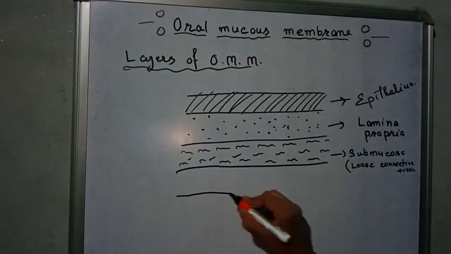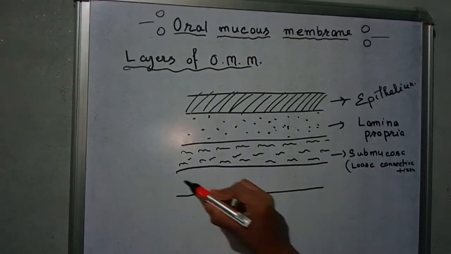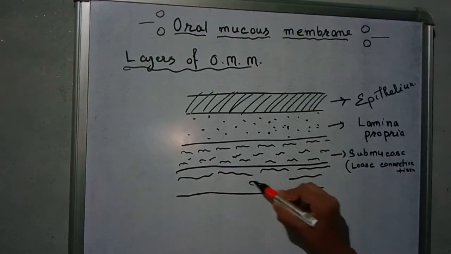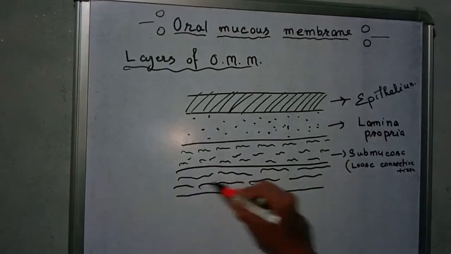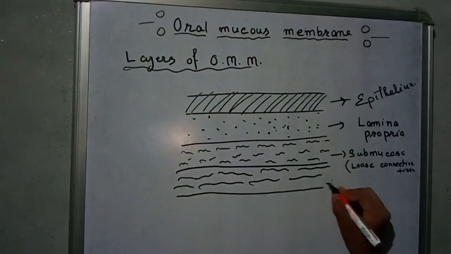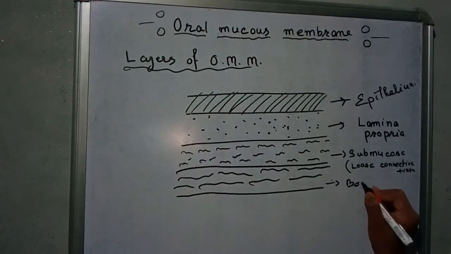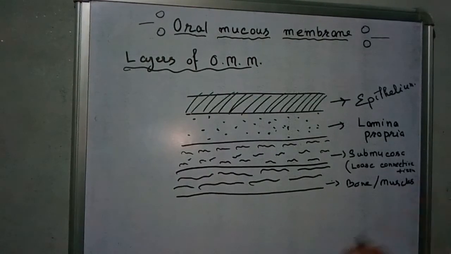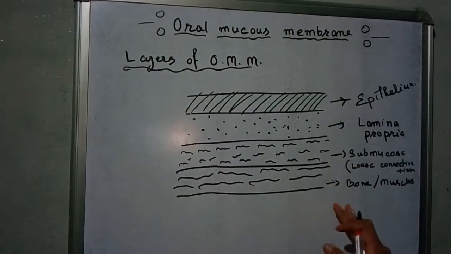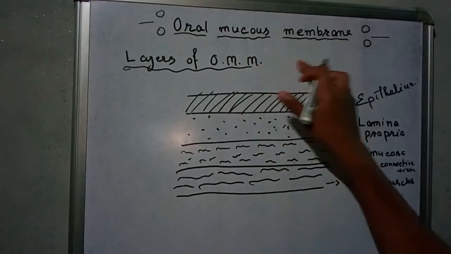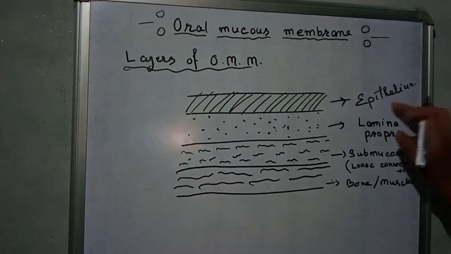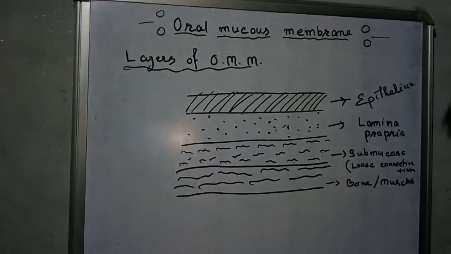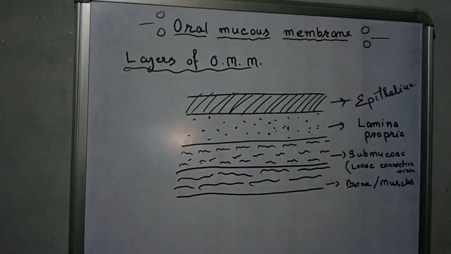And the last layer, the fourth layer, is bone or muscles. So oral mucous membrane has four layers, that is epithelium, lamina propria, submucosa, and bone or muscles. These are the layers of oral mucous membrane.